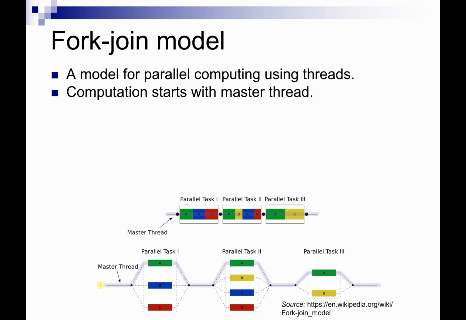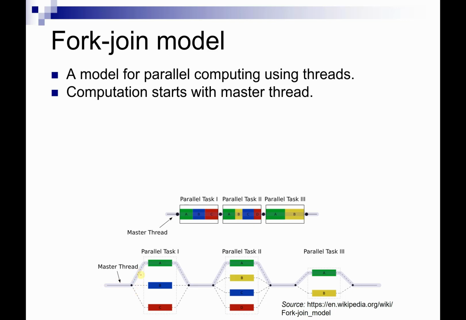In the beginning, the master thread does some sequential work. For example, it might read some files or initialize some data structures. But at some point, maybe it gets to a big computation, and at that point, it wants to parallelize the work.